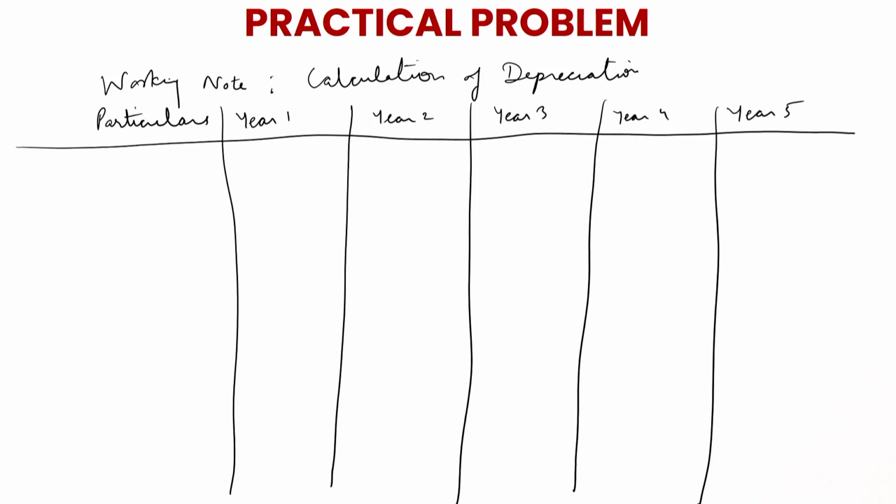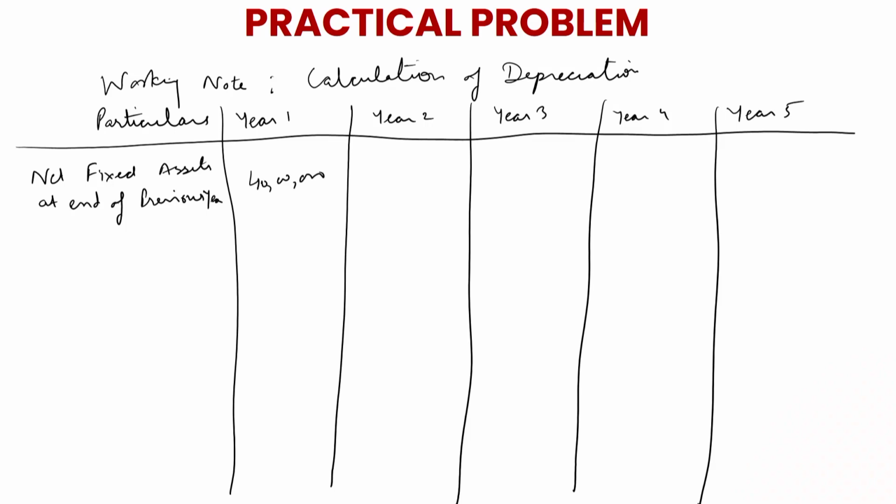As you can see in the question, the first paragraph has mentioned that the net fixed assets of the company is rupees 40 lakhs. So we take up the net fixed assets at the end of the previous year, which was 40 lakh.